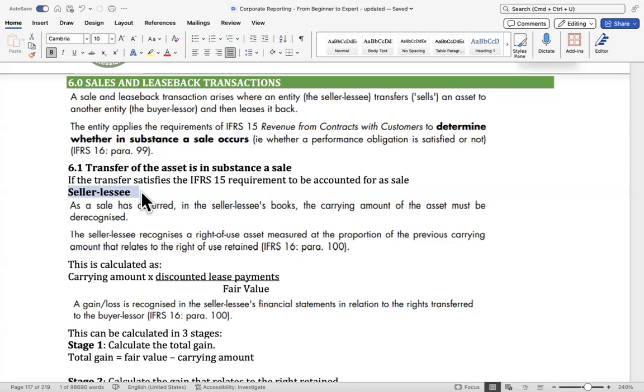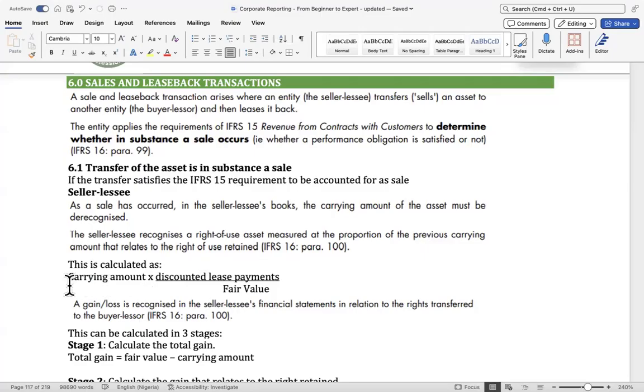In order to block loopholes in reporting, so that some people will not enter into an arrangement like this just to overstate their assets, we now say that the right of use asset you recognize will be measured at a proportion of the previous carrying amount, so that its value is never higher than the carrying amount of the asset before we recognize it.